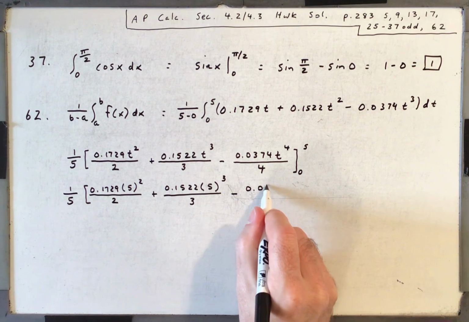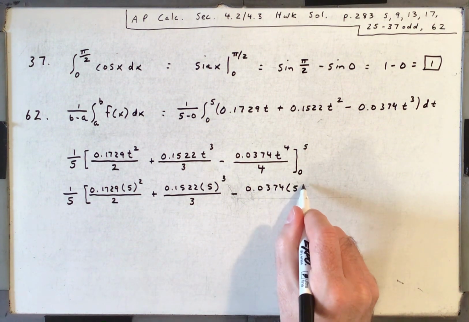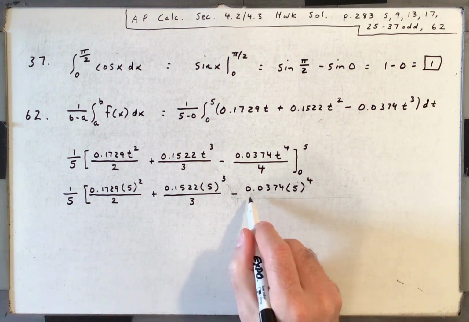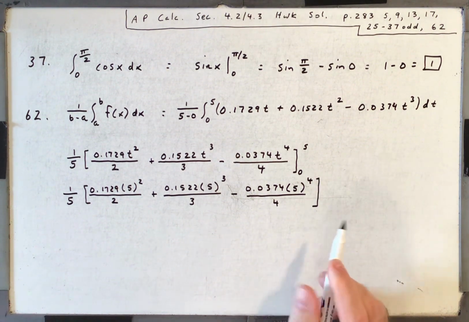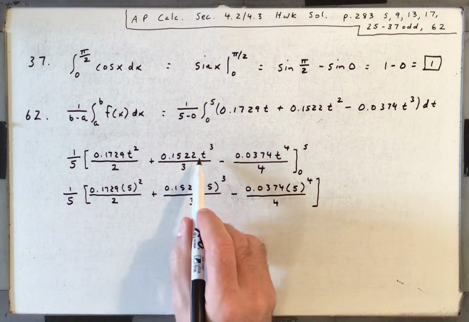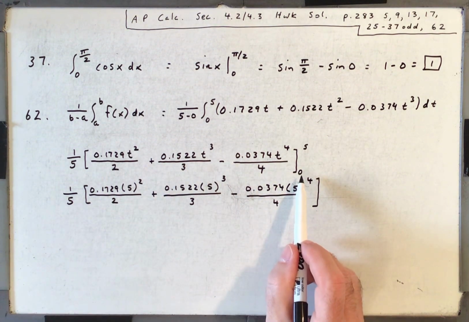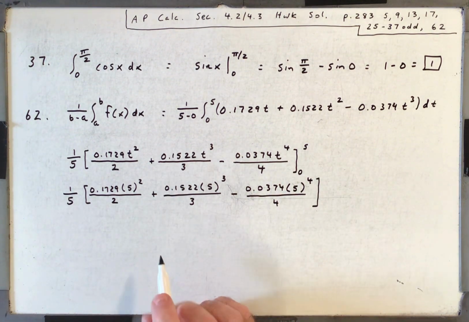Minus 0.0374 times 5 to the 4th over 4. We're going to plug in 5. And then I don't have to subtract anything out because there's a t in all of these, so when I plug in 0 it's going to be 0. If it had been 1 to 5, then I would have had to do the whole thing again, but plug in 1.